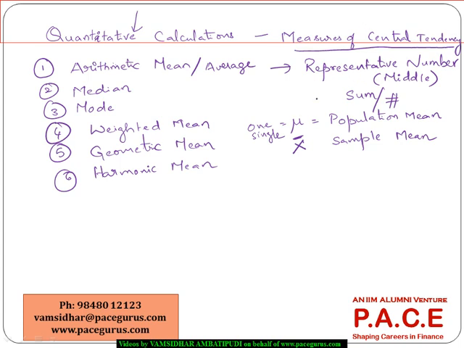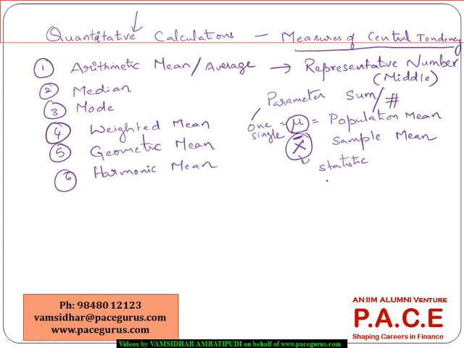Just to remind you, the population-related calculation is called a parameter, whereas the sample-related calculation is called a statistic. And the notations we need to be comfortable with: whenever we see mu, it is an indication of a population mean. Whenever I see x bar, it is an indication of a sample mean.